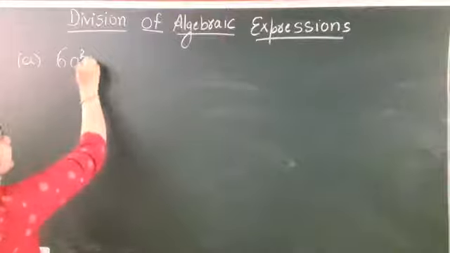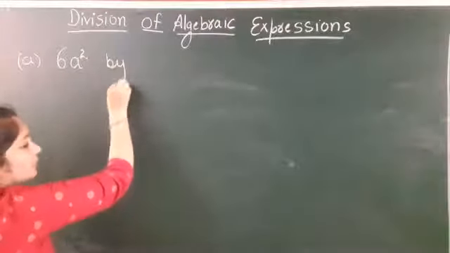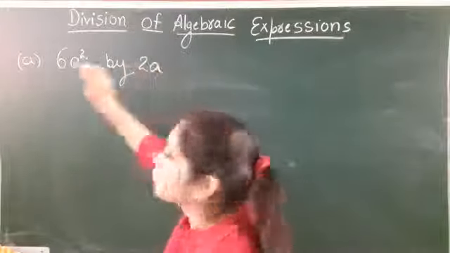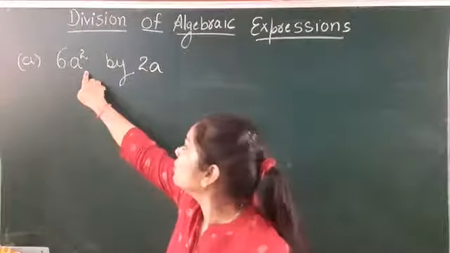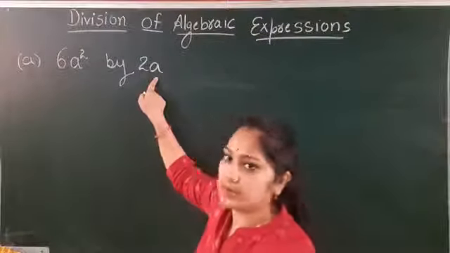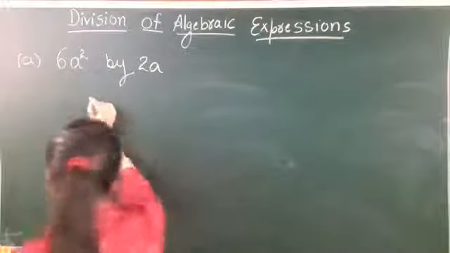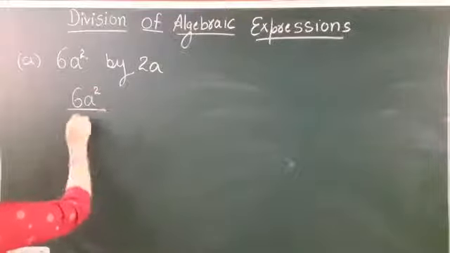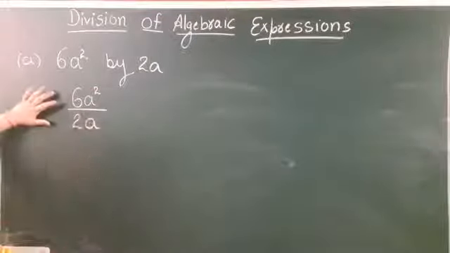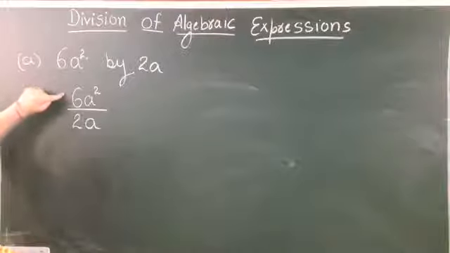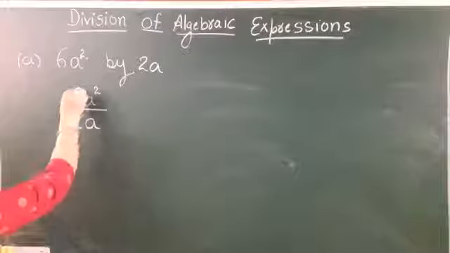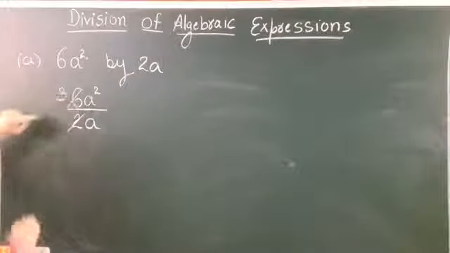We will divide 6a square by 2a. So we are dividing a monomial by a monomial, right? How to divide? You will write it as 6a square over 2a. Now you can see that here I can divide the 6 with 2. If you divide 6 with 2, you will get 3, since 2 3s are 6.